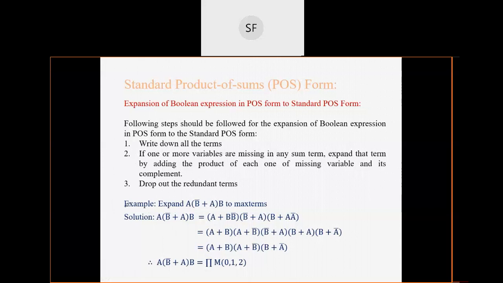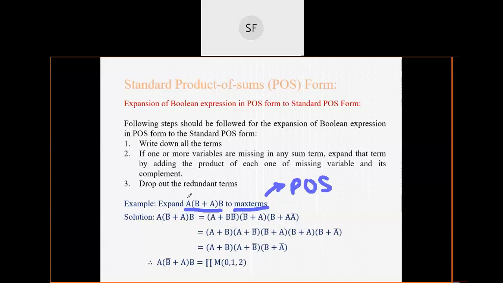The example is: expand this term, given as a into b bar plus a into b bar. Now they have asked you for the max term, and max term is the representation you get in POS, the product of sum.